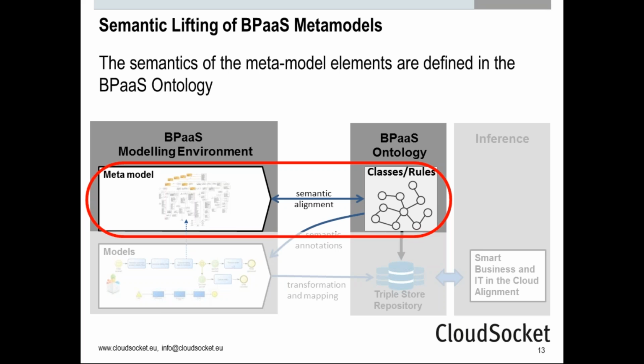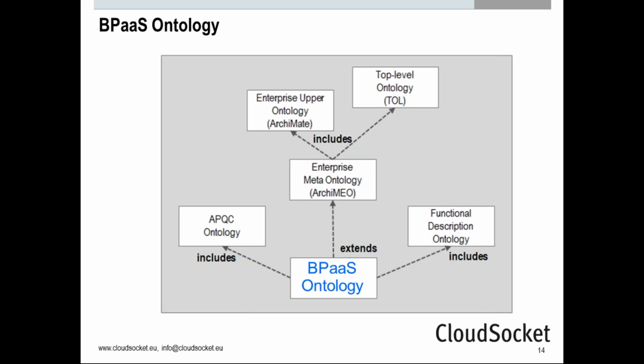So this is the typical model, and now we want to show how we can give meaning to the elements of the model. And this is done by our ontology. What we have is the BPAS ontology, Business Process as a Service. This ontology is based on a standard called Archimeo, which itself is based on an enterprise architecture standard Archimate from the Open Group.